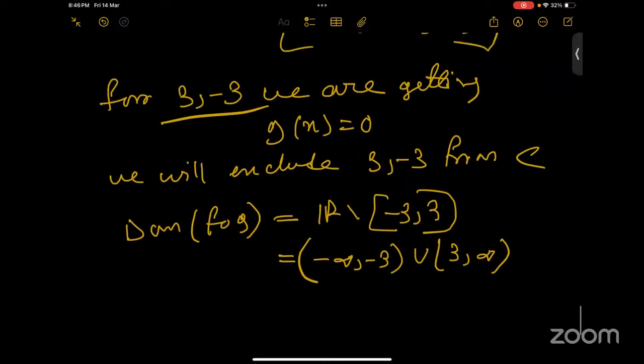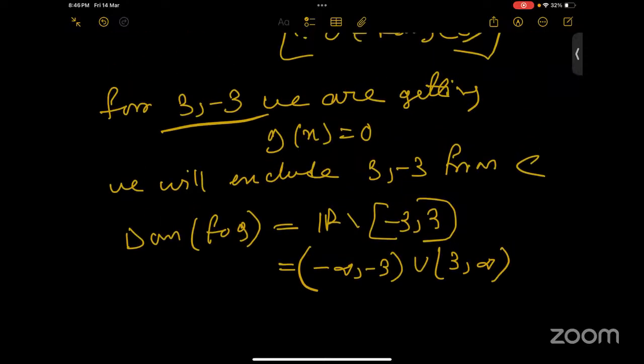Then we have to find the pre-image of that point, g of x equal to 0, and exclude the pre-images from the domain of the inner function. That's the key, right, ma'am?